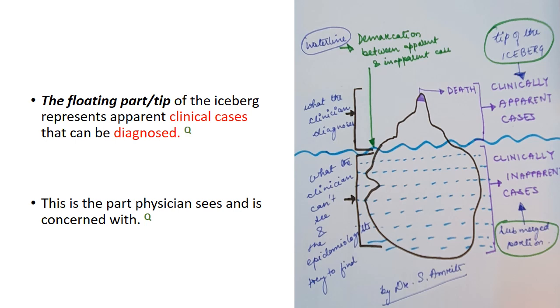So we can compare this floating part with the clinical cases who come with symptoms or who seek medical attention, and this portion is very small, but yet the physician is concerned with this part. As he is seeing this part, he can apply a diagnostic test to confirm the diagnosis of these cases.